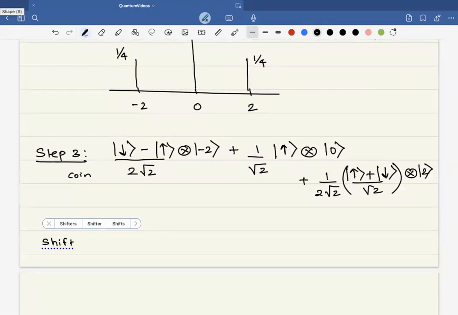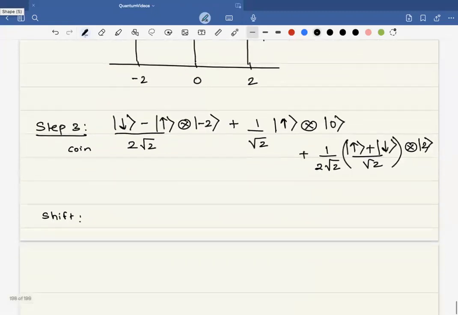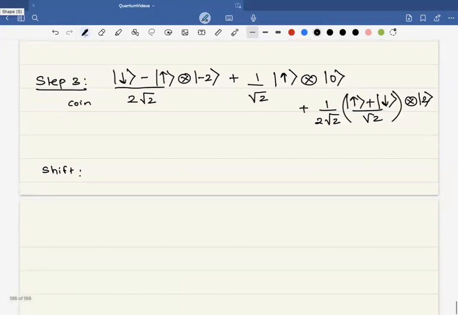Okay, so write it over here. So this will be down, and then the down will take -2 to -3. So minus 3 over 2√2, minus up to minus 1.